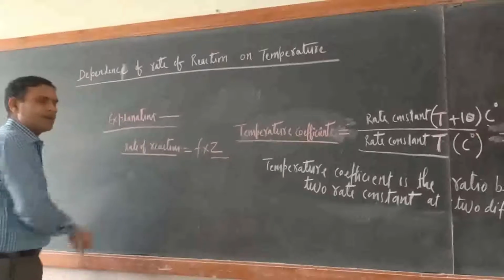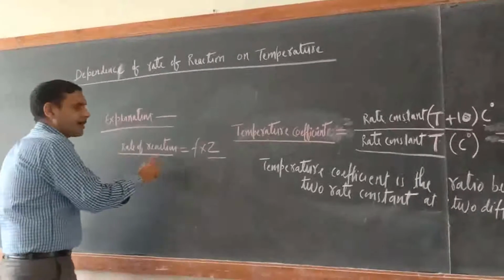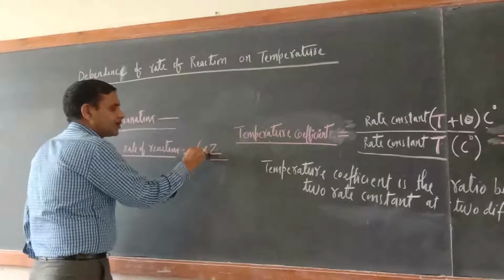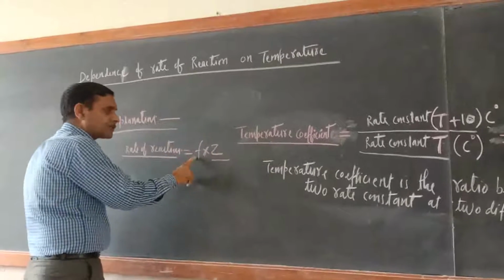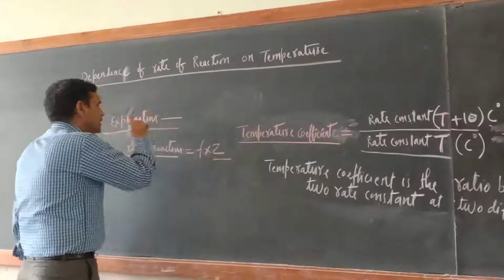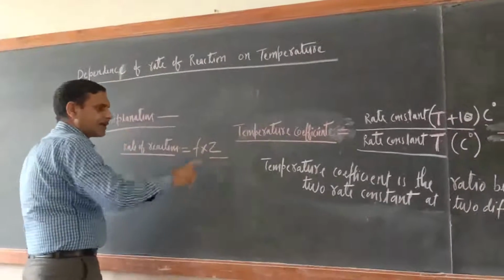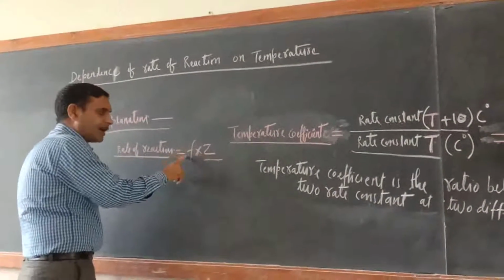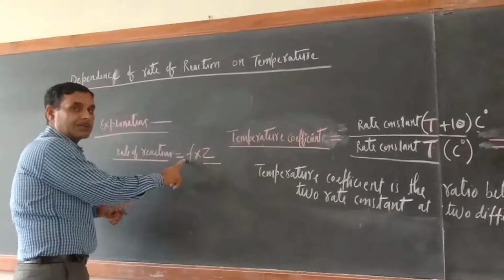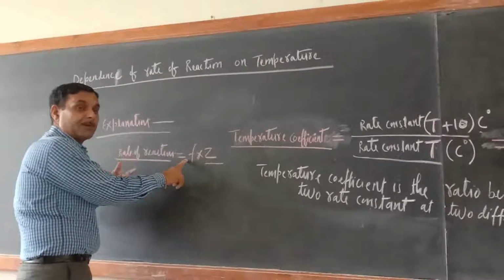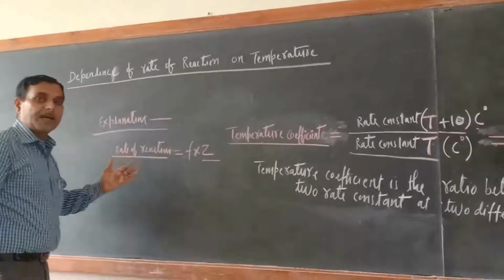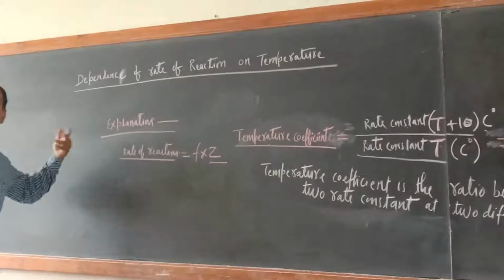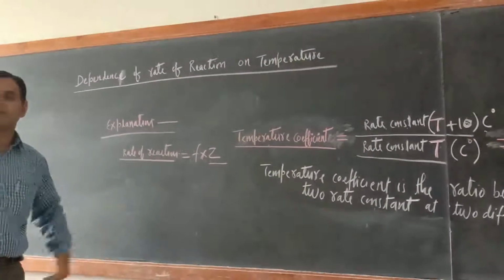That is why rate of reaction is increasing, because rate of reaction equals F into Z. So if you are increasing the temperature, then collision frequency Z is increasing, and the fraction of molecules capable of making effective collision is also increasing. That is why rate of reaction increases with the rise of temperature.